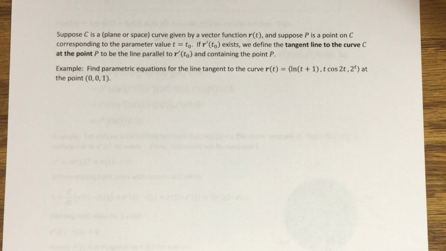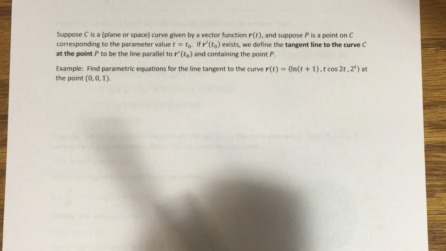And I kind of made this point at the beginning of this video, which was derivatives don't always give us tangent lines to curves, because the graph of a function may not represent a curve at all. However, in the case of space functions, in the case of vector functions, we do get curves. We get space curves or plane curves. So we can make sense of the tangent line concept here. And we're gonna talk about that now.